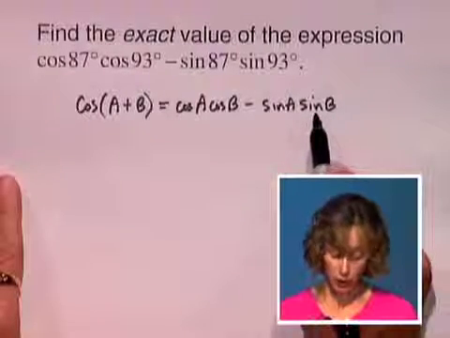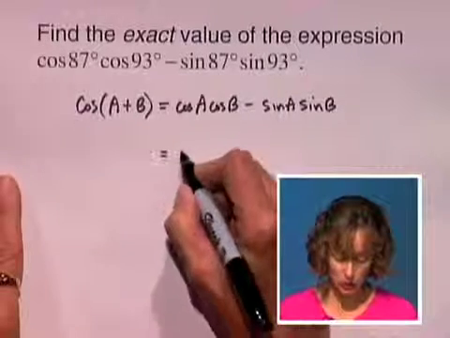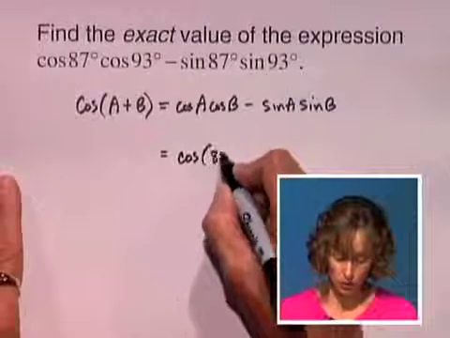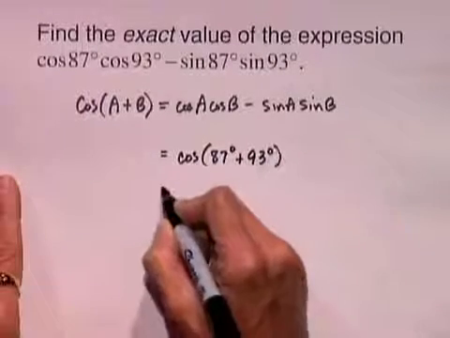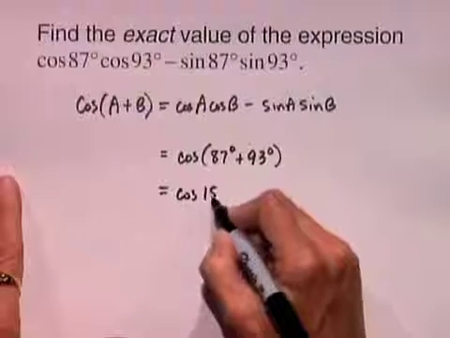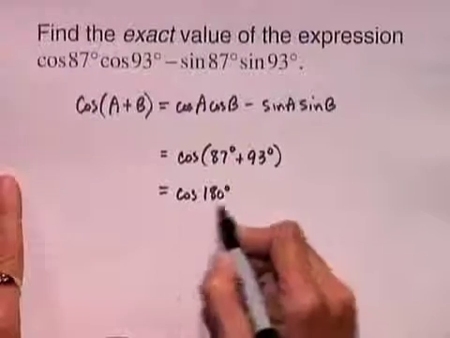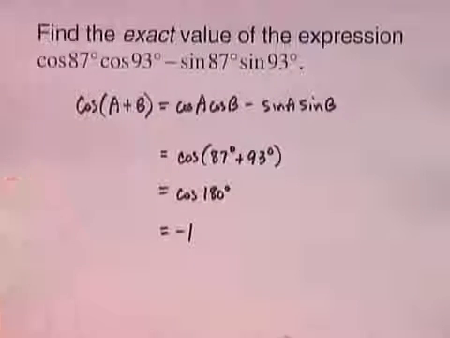And so, working from right to left, what I have is exactly equal to the cosine of 87 degrees plus 93 degrees. Now, 87 plus 93 is 180 degrees, and the cosine of 180 degrees is -1, and that's the result.